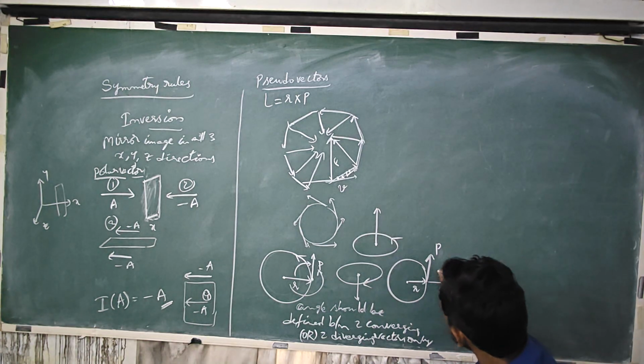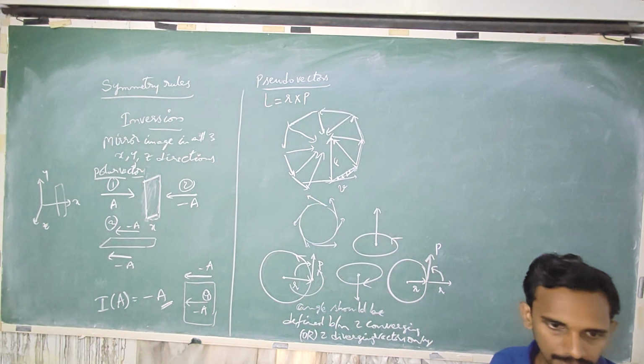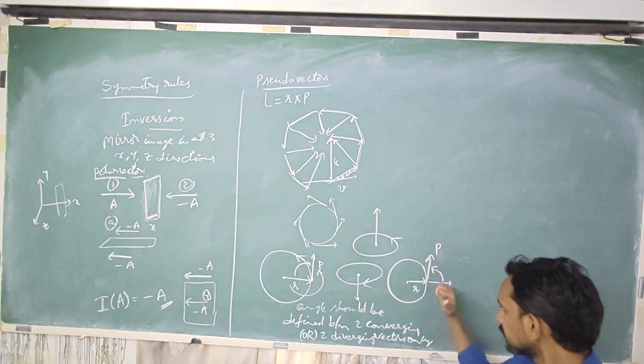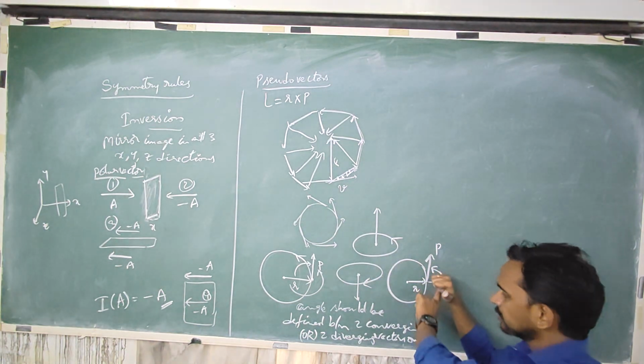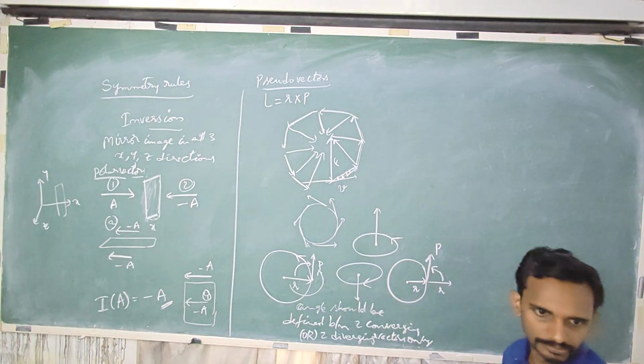Then take the smallest angle between those two vectors. The direction of rotation is given by your curl of fingers, then the thumb gives you the direction of the vector.